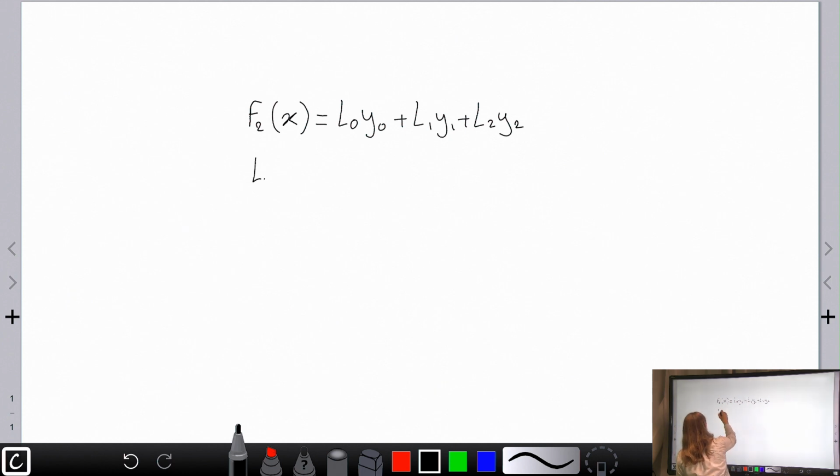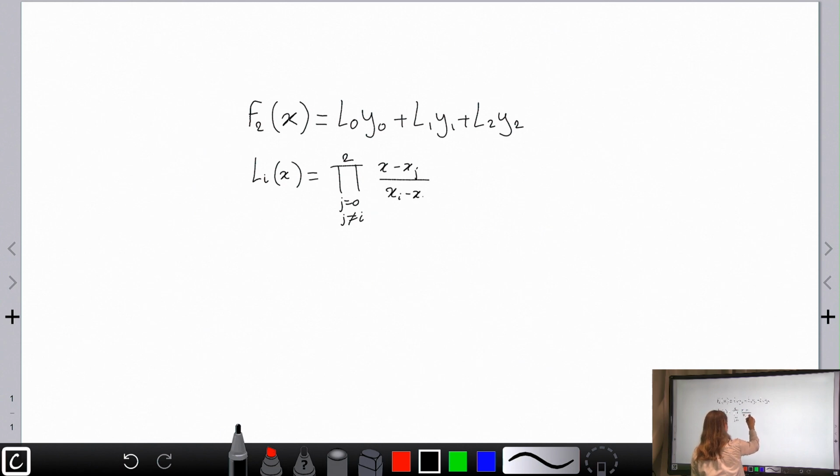And recall that the expression to calculate these L terms is this. So it's the product of j ranging from 0 to n, so in our case 2, of x minus xj over xi minus xj.